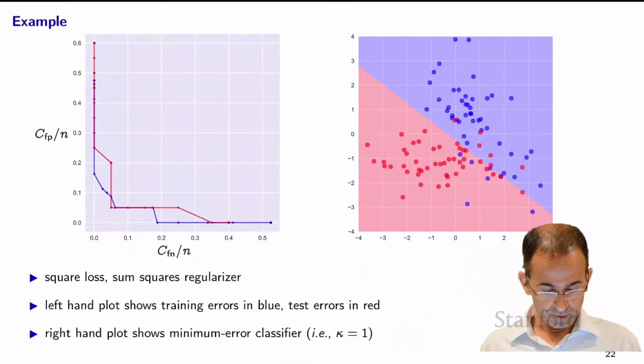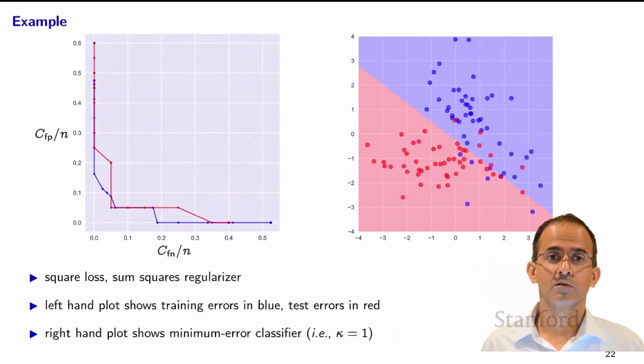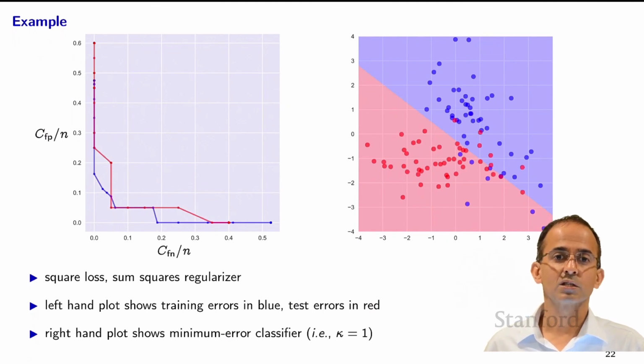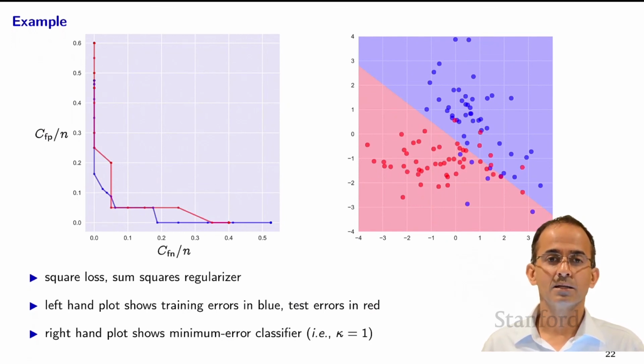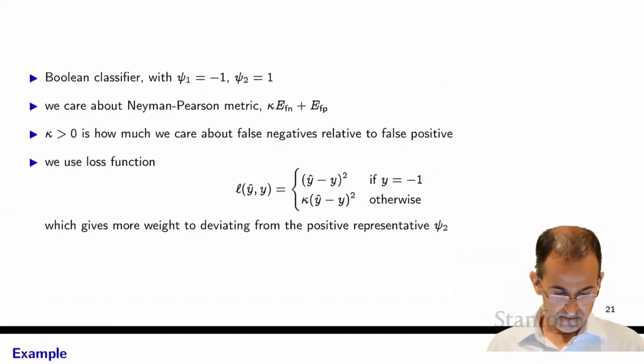Here's an example. Square loss, sum of squares regularizer. Now, this on the left here is the ROC curves, and they correspond to minimizing the weighted sum kappa EFN plus EFP.